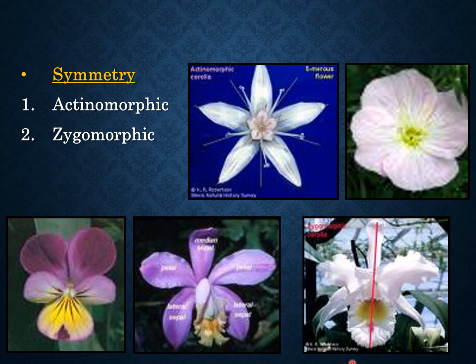These are examples of zygomorphic flowers having unequal petals or sepals, and these are the condition of actinomorphic or regular symmetry. Actinomorphic is also called regular symmetric, and zygomorphic flowers are also called irregular symmetric flowers.